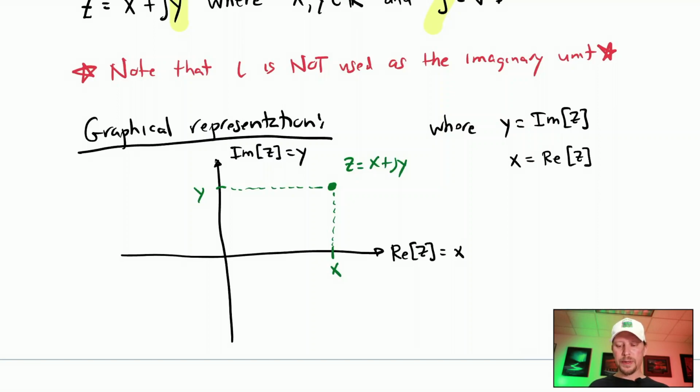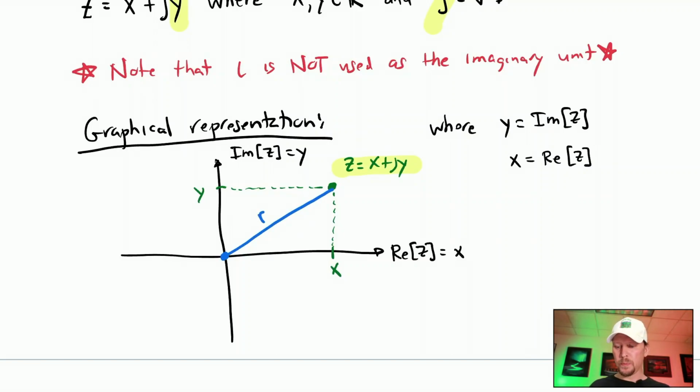Now, one critical observation is, I'm sure that you guys have also seen polar coordinates. This form for a complex number is what we call the Cartesian form of the complex number. There is also what they call the polar form. Now, this complex number itself can also be located on the plane by stating from the origin what is the distance out to the complex number in question.